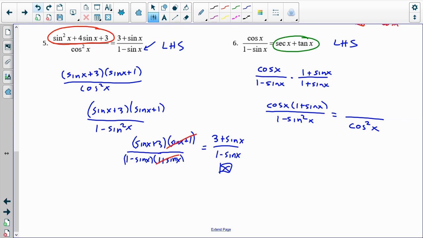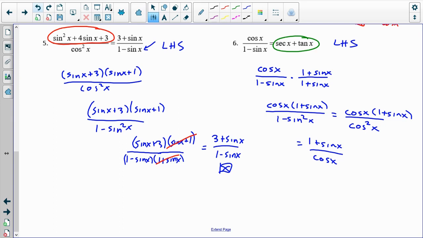If I recognize that, this is going to end up being pretty straightforward. Now I can cancel off one of the cosines, so I end up with 1 plus sine x over cosine x. And I can keep going now.